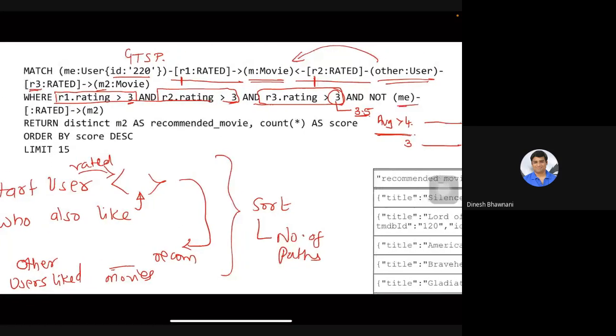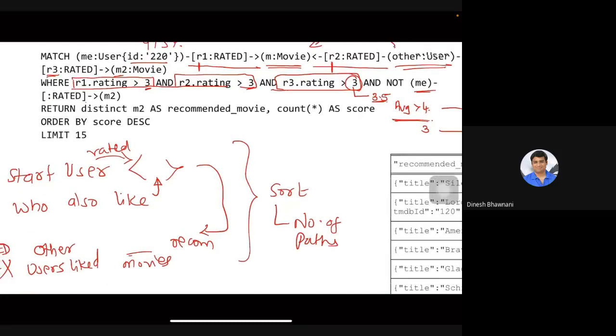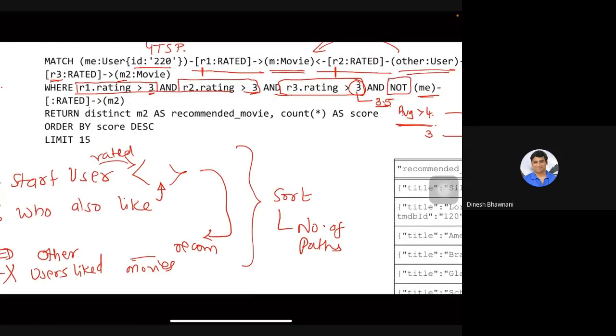And me. So the graph traversal starting point is user 220, who must have also rated, so that you want to relate it to M2. Sorry, I just said the opposite. It is and not me.